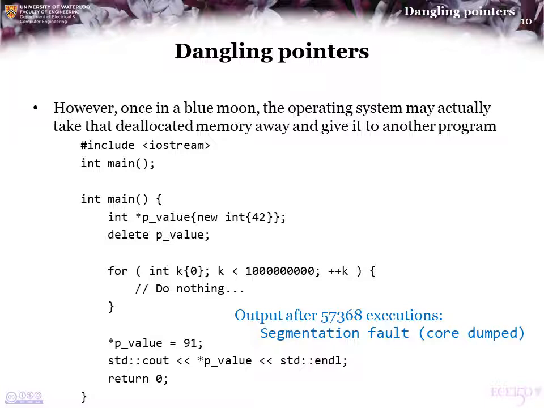I then immediately delete it. Now here we see that we have a for loop going from 0 up to 1 billion. The purpose of this is to give the operating system a few split seconds to possibly reclaim this deallocated memory. Having done so, I then try to assign to that memory location.